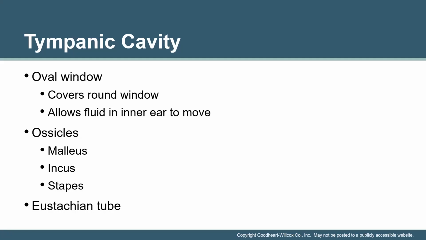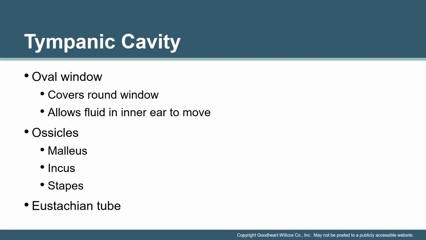The medial side of the middle ear is mostly bone, okay, by the way. It will have a membrane on the most medial portion. I already mentioned it. That's known as the oval window. Beneath the oval window is what we call the round window, which will allow fluid from the inner ear to move.